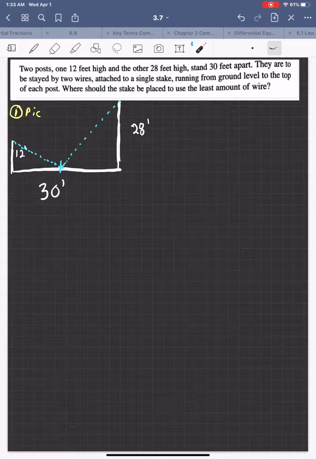All right, now the last sentence says, where should the stake be placed to use the least amount of wire? Now, this is an optimization problem. As soon as somebody phrases the least amount or the most amount, they are asking for a minimum or a maximum.